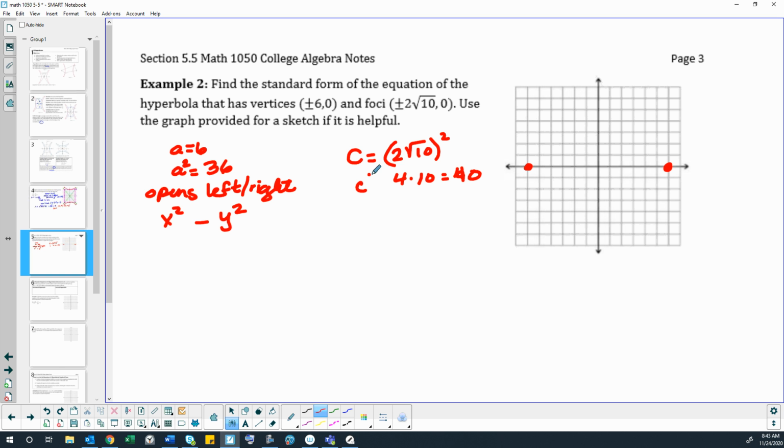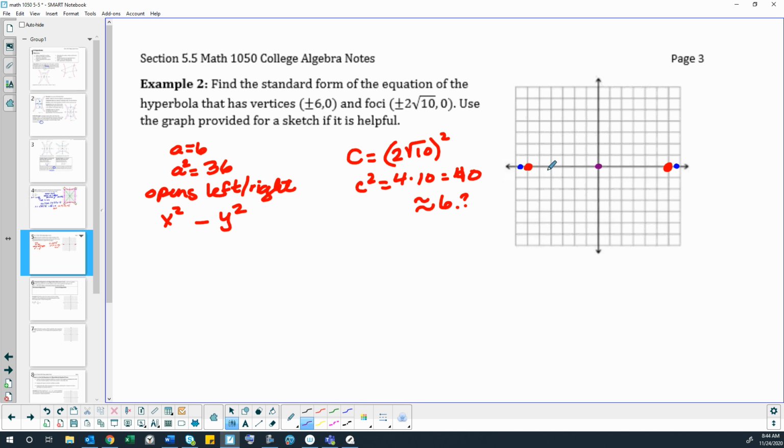So that's c squared. Also, an approximate value for that is going to be 6 point something, because square root of 36 is 6, square root of 49 is 7. So that puts our foci just a little bit past our vertices there.